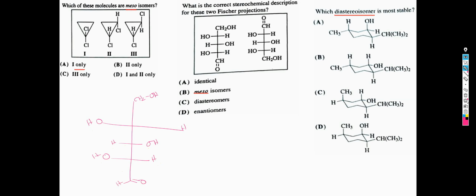Let's label the carbon atoms: A, B, C, D, and E. We have to find what the configurations are for B, C, and D. Now let us assign priorities.